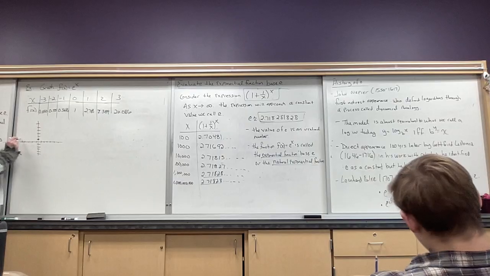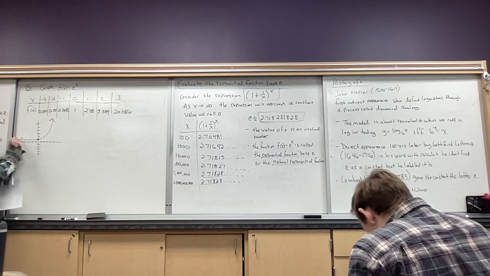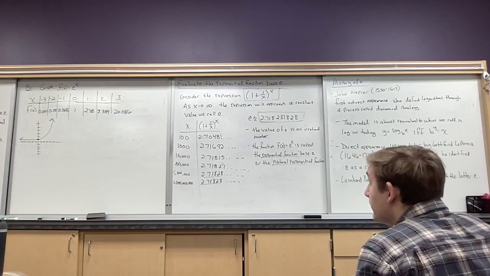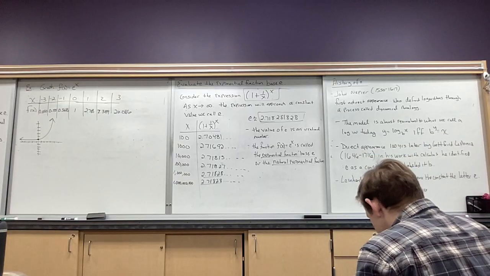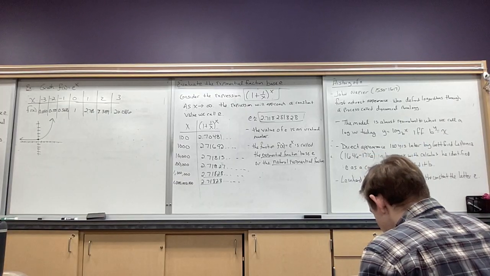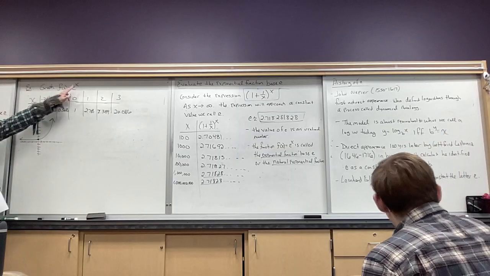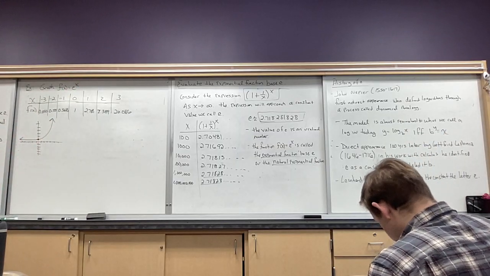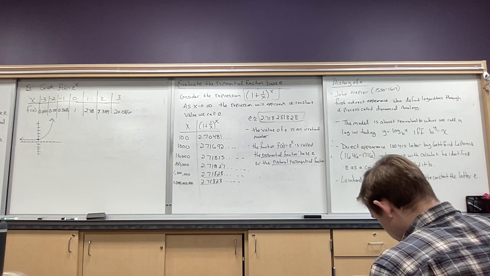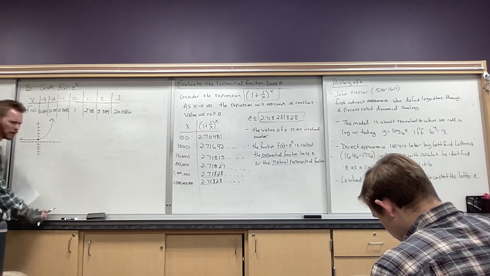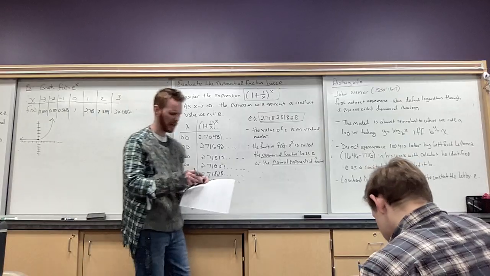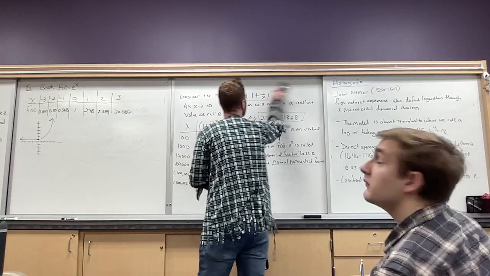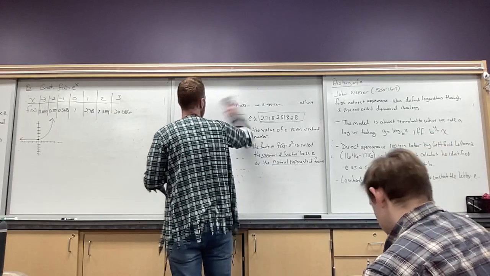So there's the y-intercept, and there we go. So it looks like any normal exponential function. It's going to follow very similar patterns to it. And the good news is that if you had transformations, like if you had a -1 and +2, it's going to match just what you did with the other exponentials with its transformations, which is perfect. Nothing sucks more when you have a new concept of math that doesn't follow what the other stuff does. So this does follow those steps. Okay, so that's what e is.